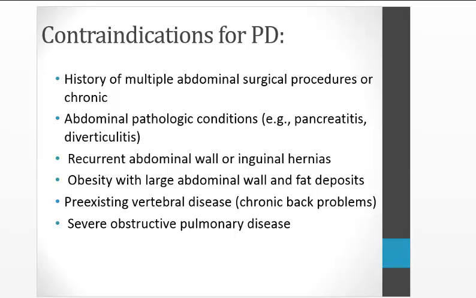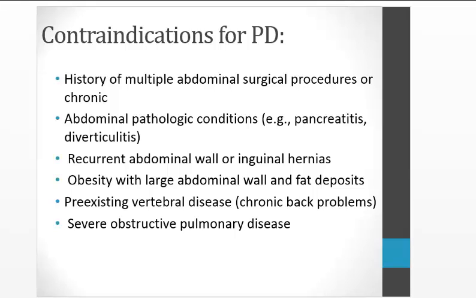If they have any abdominal pathological conditions such as pancreatitis or diverticulitis, or recurrent abdominal wall or inguinal hernias, all because this dialysis fluid is very heavy and space occupying, it puts our patients at greater risk for complications.